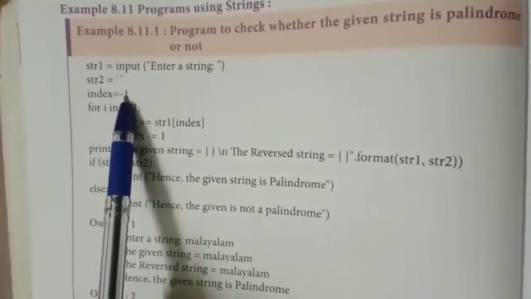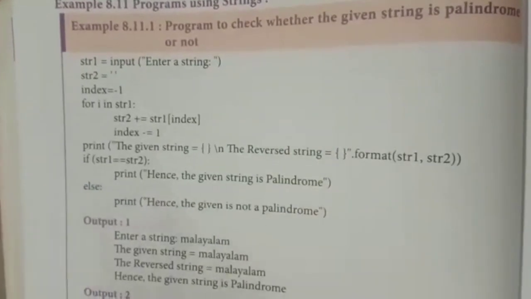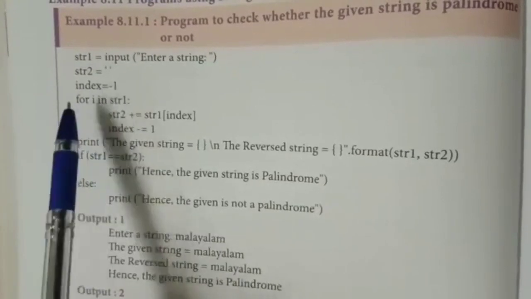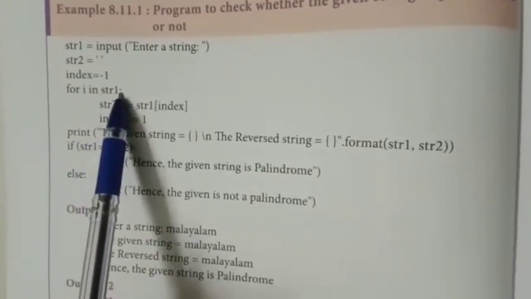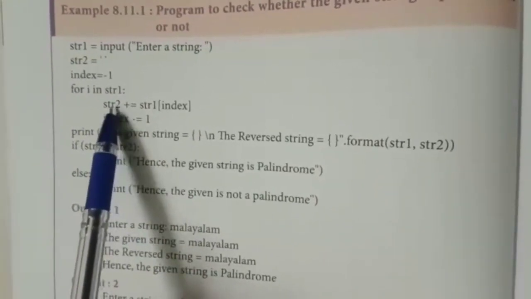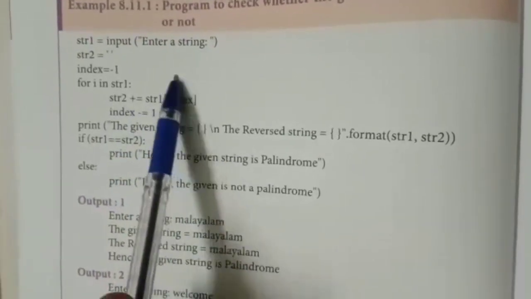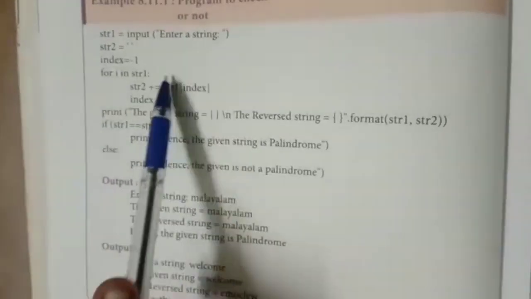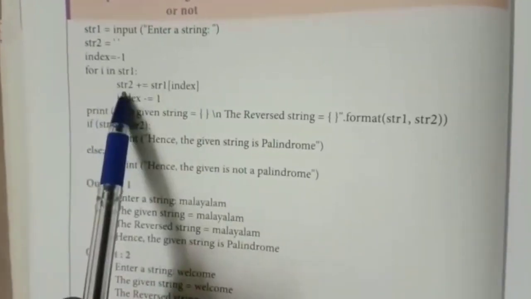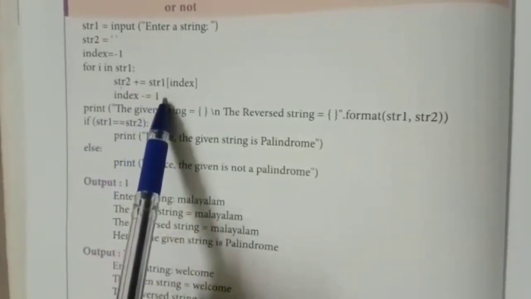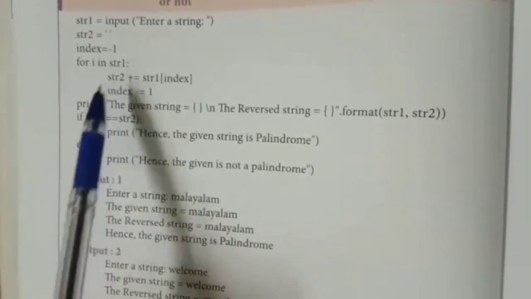We are going to check from the backside, so they are using the negative index -1. For I in str1, str2 plus equal to str1 of index. Whatever character you are checking here will be added to str2. Index minus equal to 1, this is the increment value.